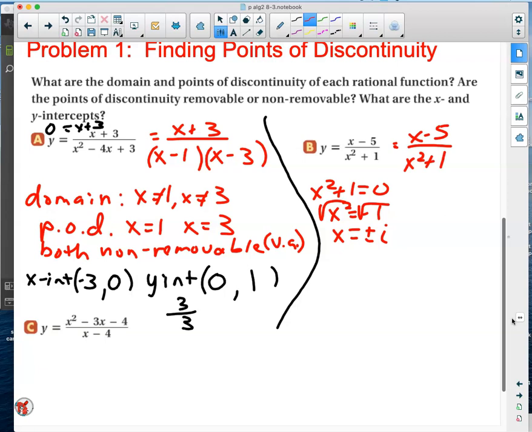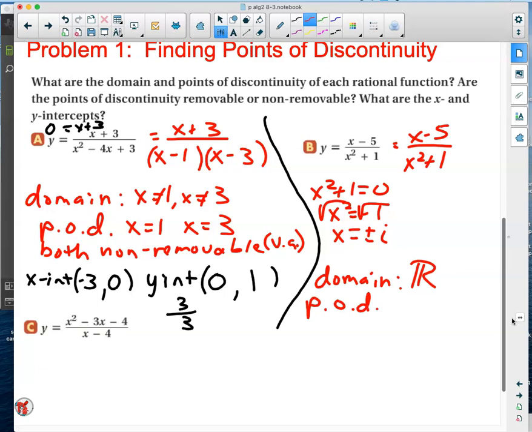So now, what is the domain? All right, domain. If there's no way to get a 0 in the denominator, what does that mean? All real numbers. Yeah, there isn't anything that's going to be a problem. It was imaginary, and we can't graph imaginary. Then we need our points of discontinuity.